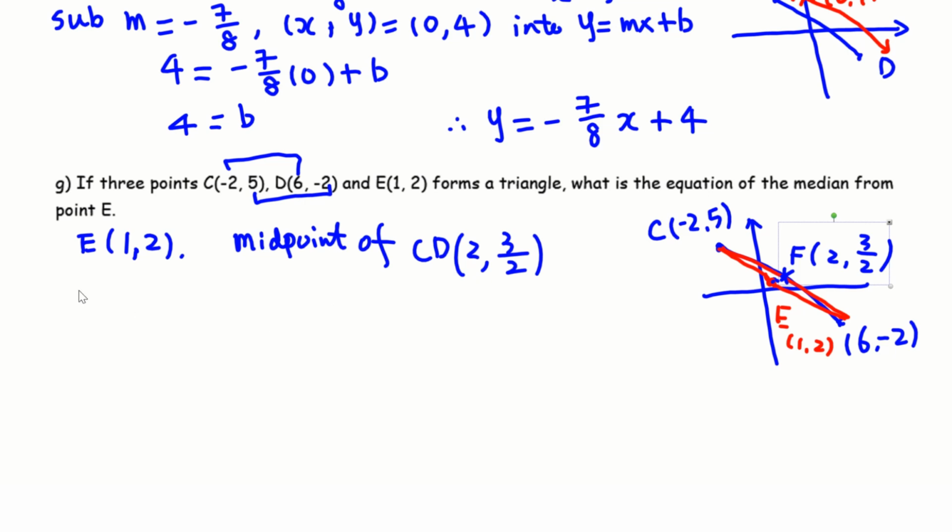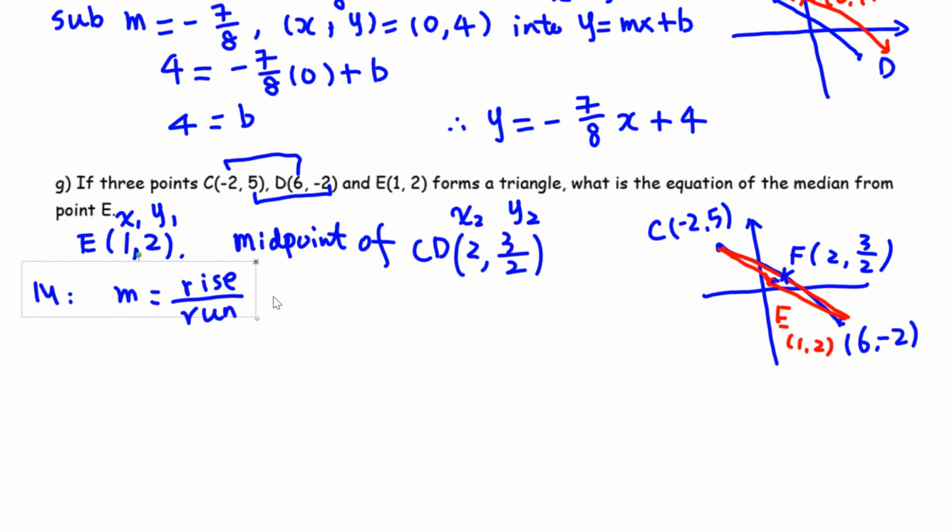We have 2 points, and we want to find the equation of the line passing through them. We are going to use y equals mx plus b and find the slope first. This is x1, y1. This is another point, x2, y2. Slope is rise over run, y2 minus y1 divided by x2 minus x1.